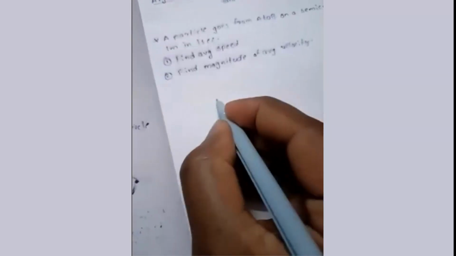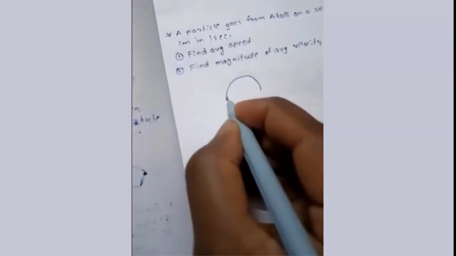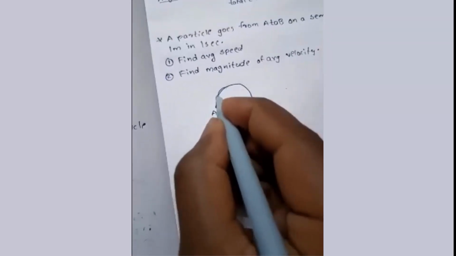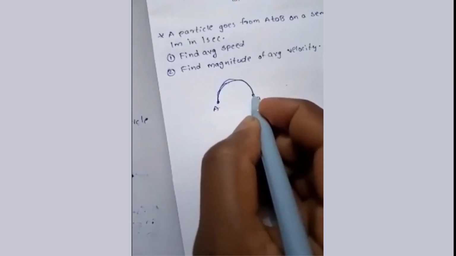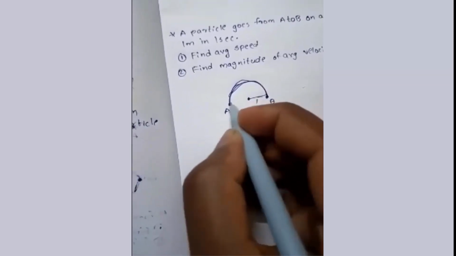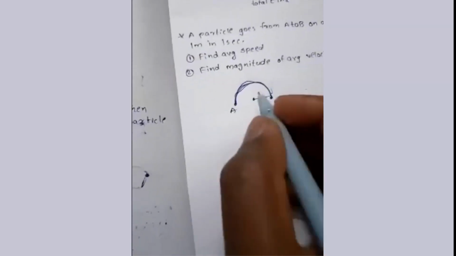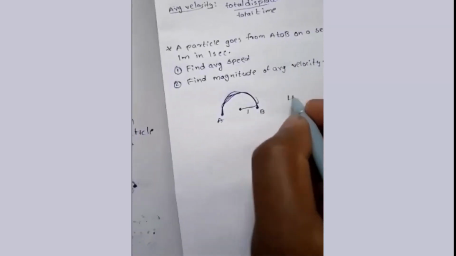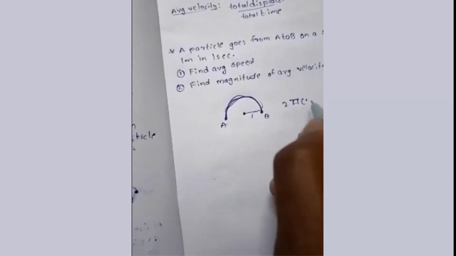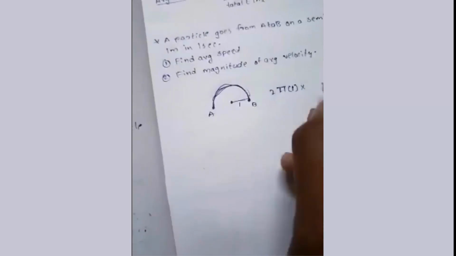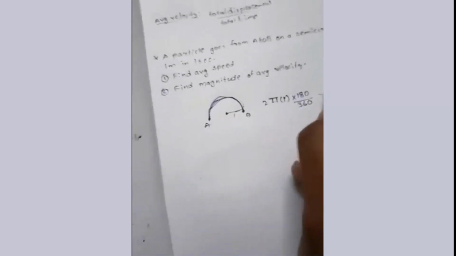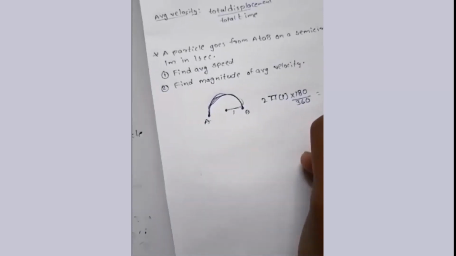See, let us draw a semicircle. This is point A, this is point B. The average speed is total distance. Total distance is this, means as the radius is 1, the length of this semicircular arc is pi r, which is 2 pi r into theta is 180 by total is 360, equals pi meters.